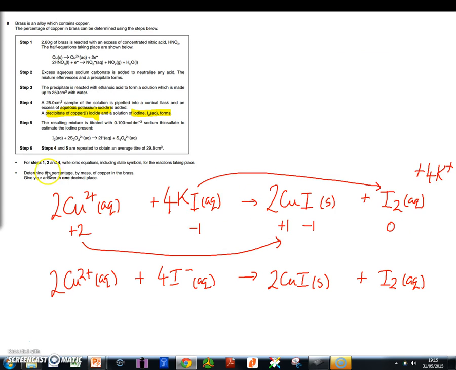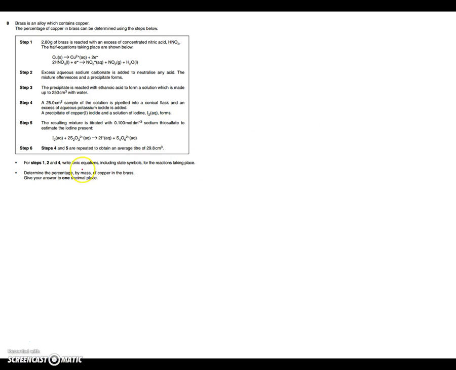So that's the ionic equations. That deals with that part of it. So the next bit: determine the percentage by mass of copper in the brass, give your answer to 1 decimal place. So work backwards from the end to see what reactions we've got.